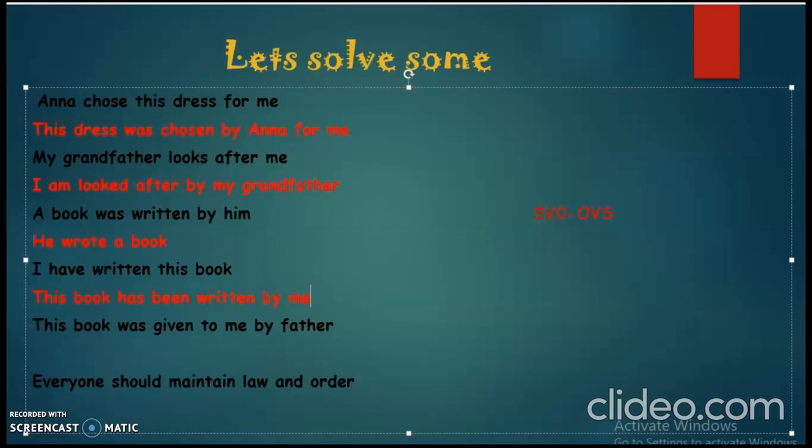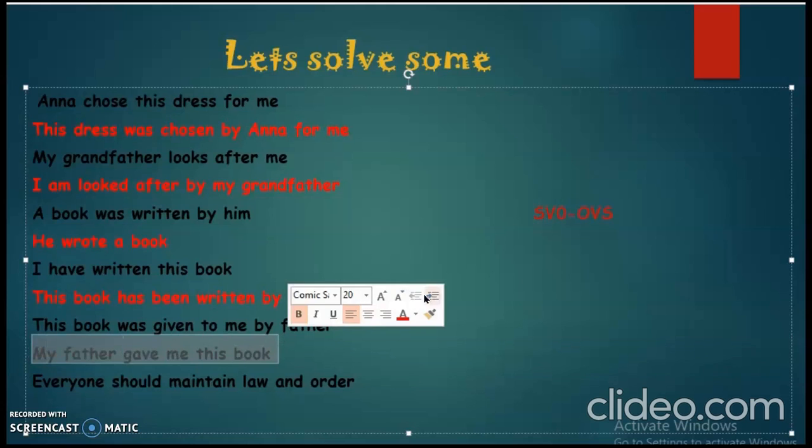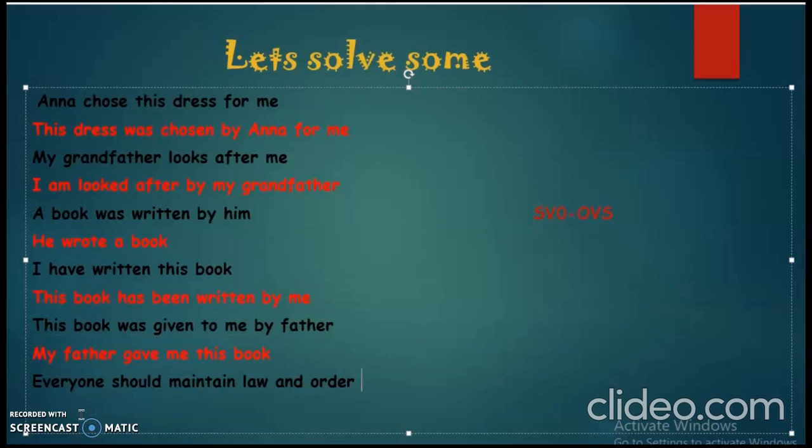So we will say this book was given to me by father is equal to my father gave me this book. So, my father gave me this book. Now you understood what is this.